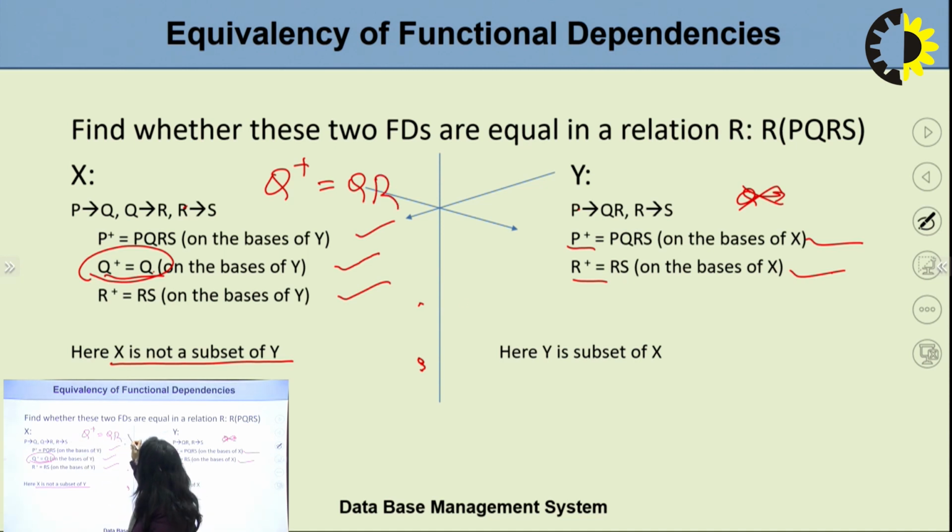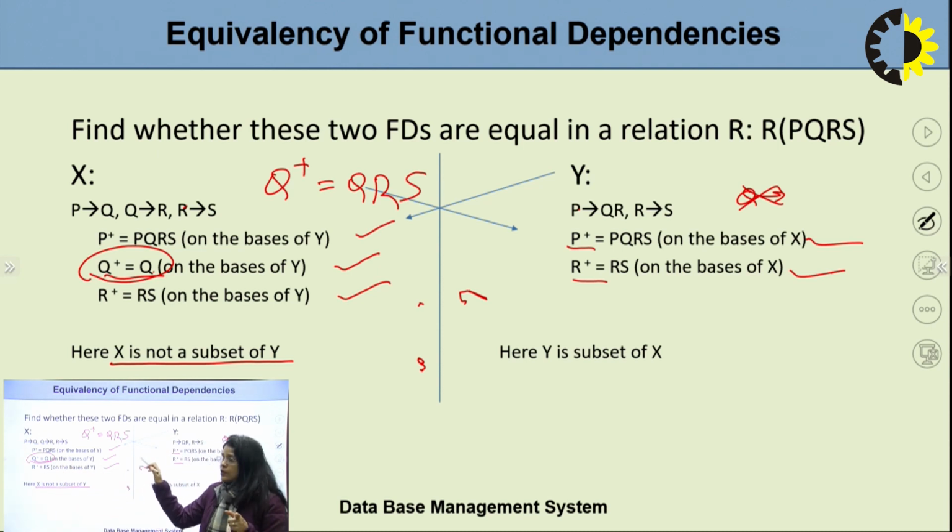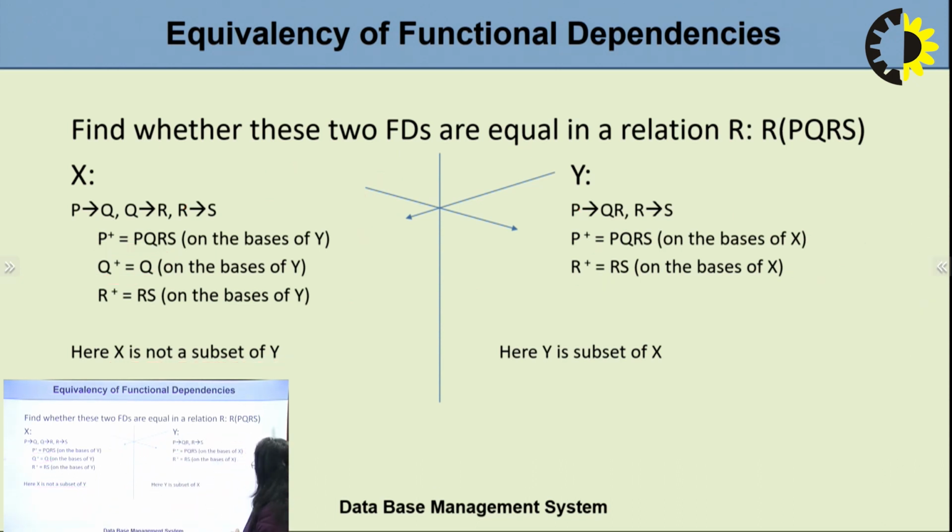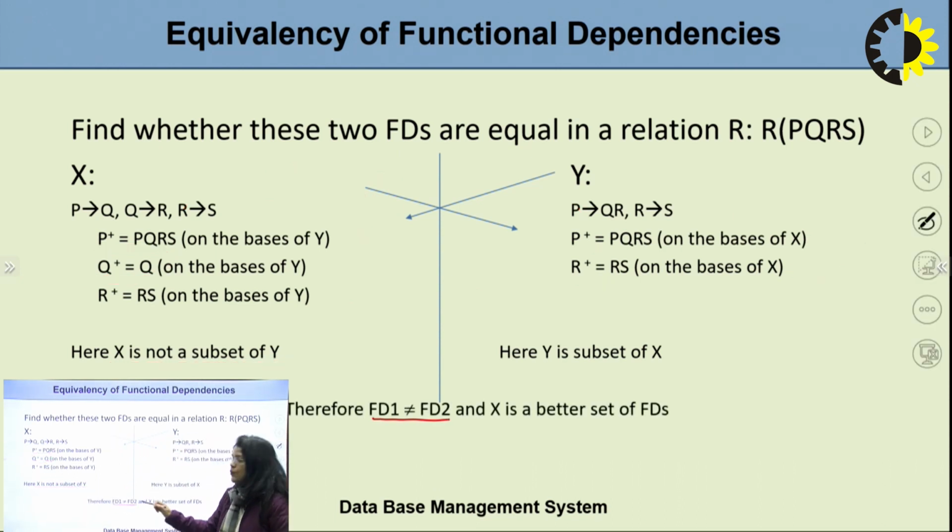And since we have R, we can find S also. So this Q plus, if we calculate from set X, is different from what we find on the basis of Y. So X is not a subset of Y, and the functional dependency sets are not equal.